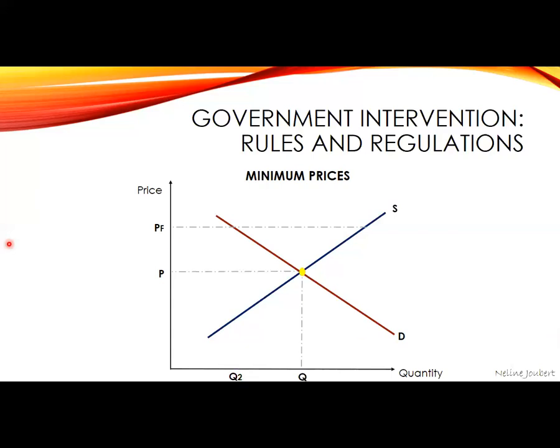This is the minimum price you are allowed to charge for these products. So even though the market price is lower than the floor price, you are not allowed to go lower than the floor. And because the price is higher, suppliers are willing to offer increased quantities of this product.